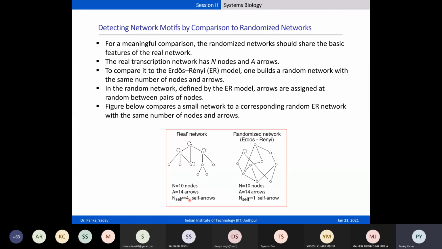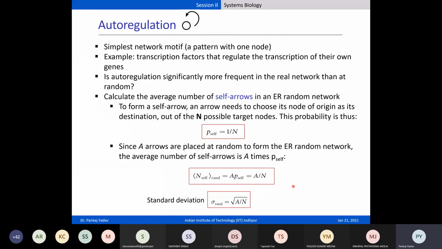But let's say in your real network you see that n self is 25. Then you can say that, yes, this n self is statistically significant compared to the random network.